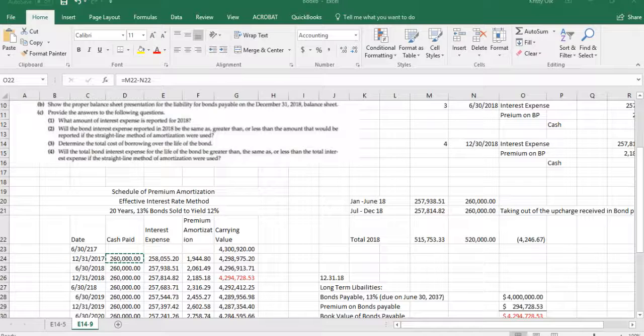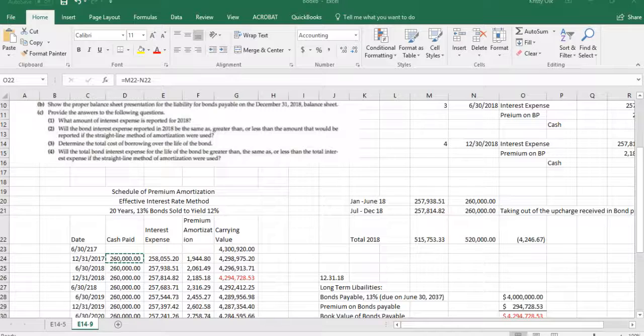Now, it will be the same regardless of which method of amortization is used, because those dollar values themselves don't change. It's just when we're recognizing them that does. Under the effective interest rate method, we are recognizing it at a more accurate rate compared to the carrying value of the bond than under the straight line method, which says everything's the same from period to period.